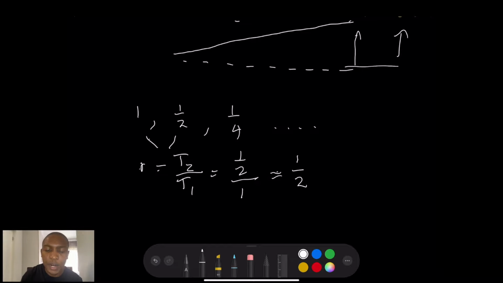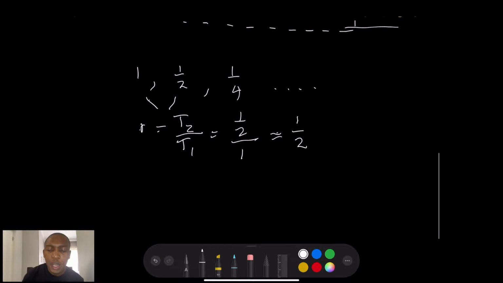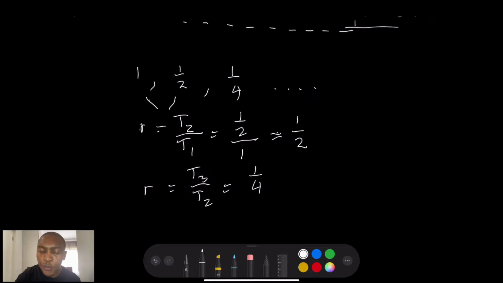That's a half, right? But would that be the same if we were to take T3 over T2? Of course, we're not going to waste time. We've already covered this. Okay, so you're going to say this is 1 over 4 divided by 1 over 2.